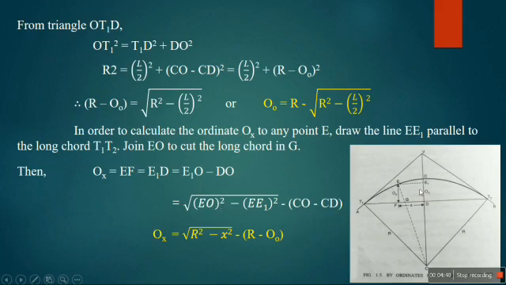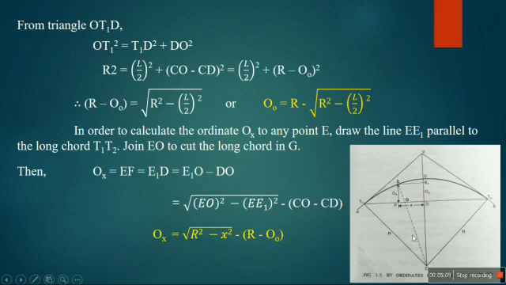So E1O is in this triangle E1O. Apply the Pythagoras theorem, we will get E1O equal to square root of EO square minus E1 whole square, minus DO, which is CO minus CD. Simplify this by entering the values.